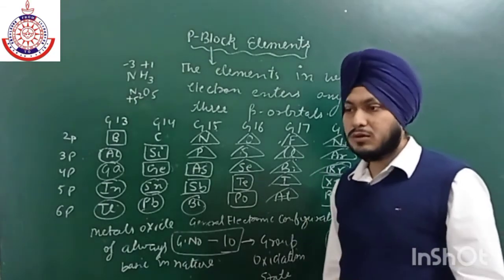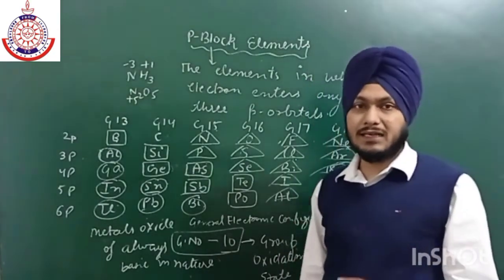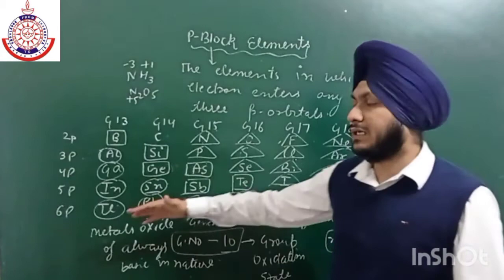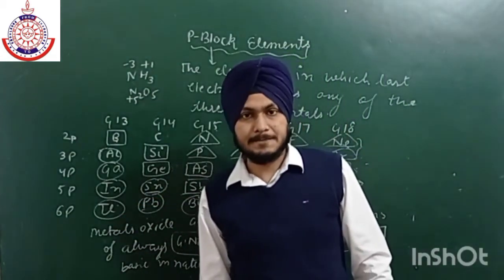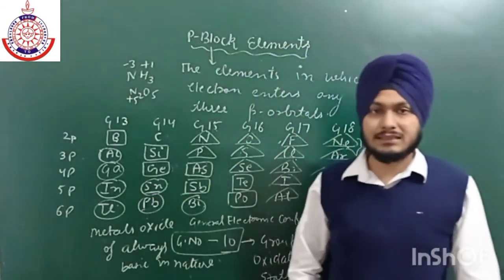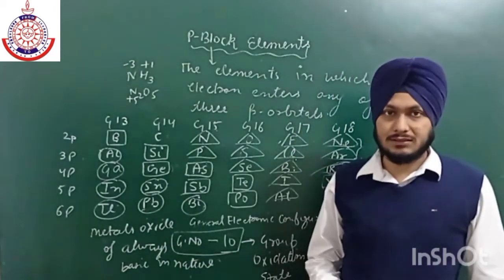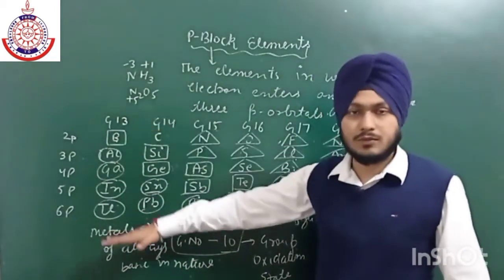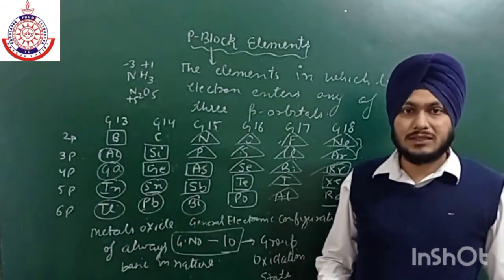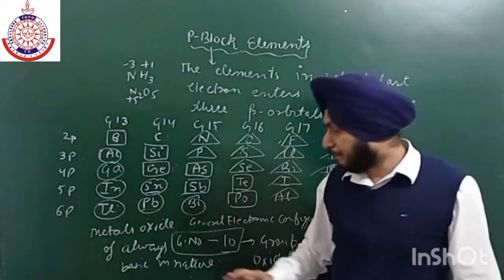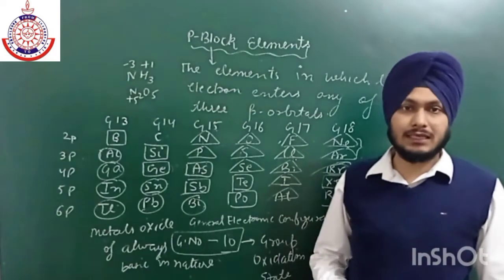Okay, one more thing you have to keep in mind, that as the electropositivity of a metal increases, as their ionization energy decreases, their basic character increases. Okay, so as we move from top to bottom, their electropositivity increases, it means their basic nature increases.